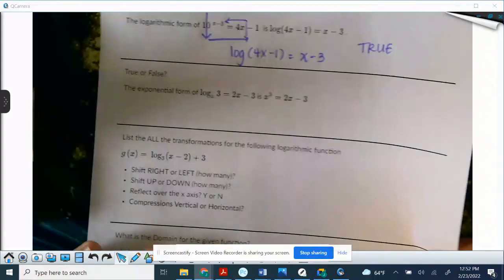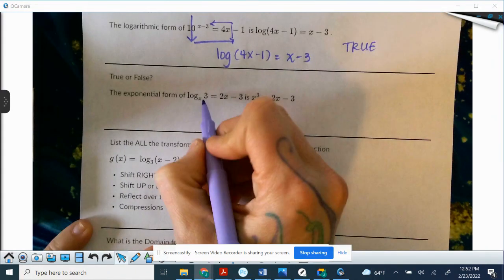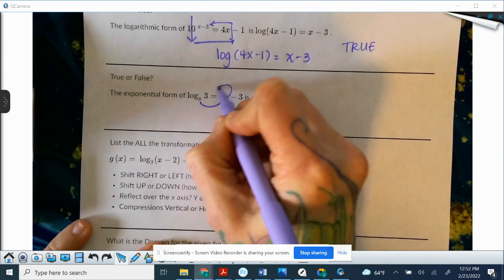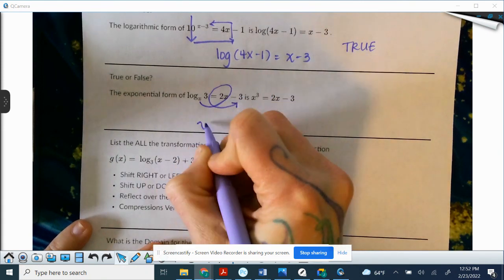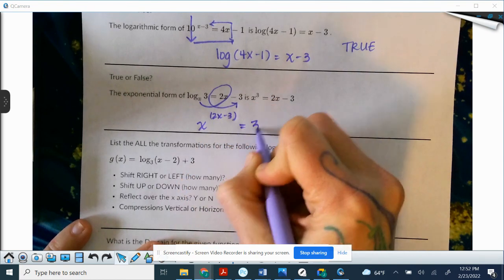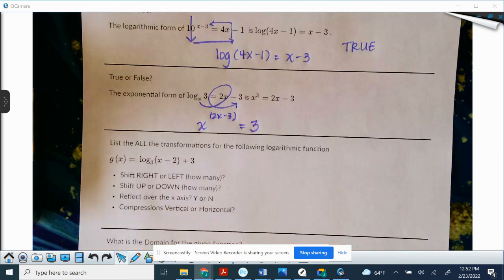And the second one, so log base x, so we're switching to the exponential, so we're going to take our base, grab our exponent, come out with our output. So x raised to 2x minus 3 equals 3. And it's probably easier for me to say than for you to actually take this way. But with all those x's and the minuses, that's where people, I think, get confused or get overwhelmed or kind of scared. But if you remember to make that E every time, especially in a log one, it is what it is.